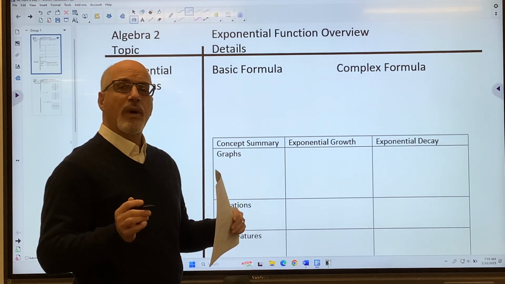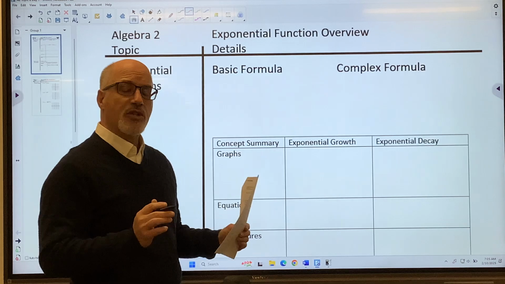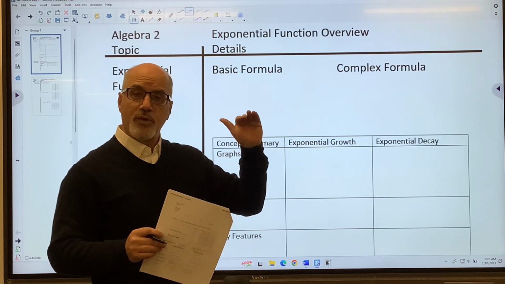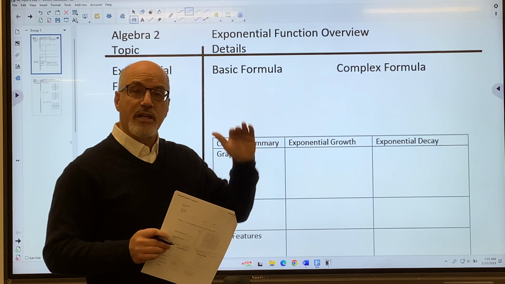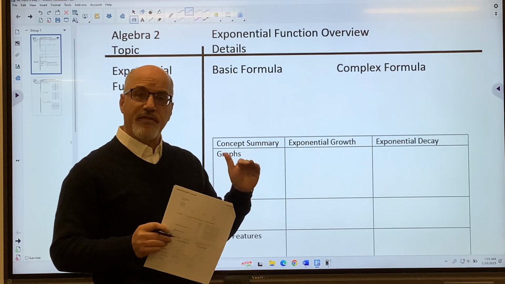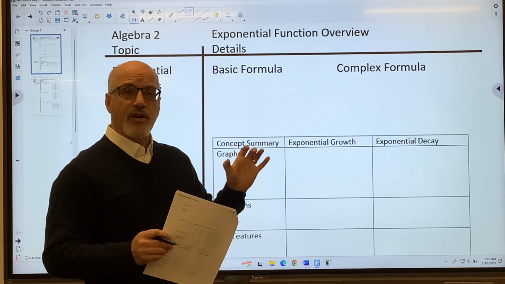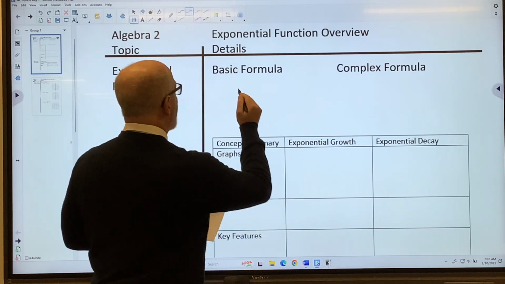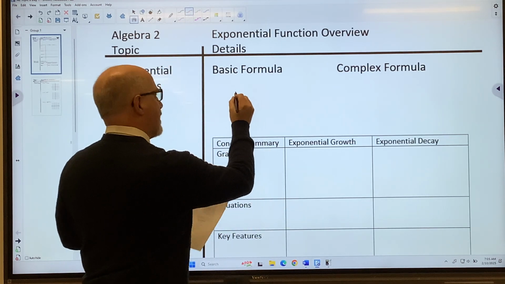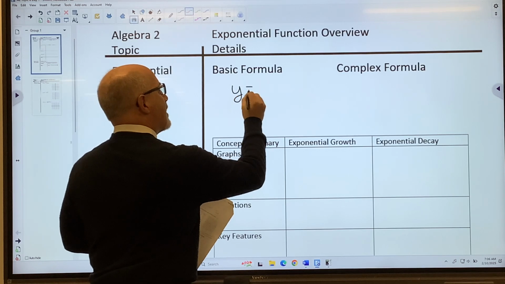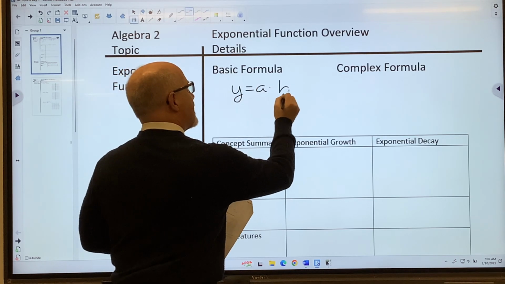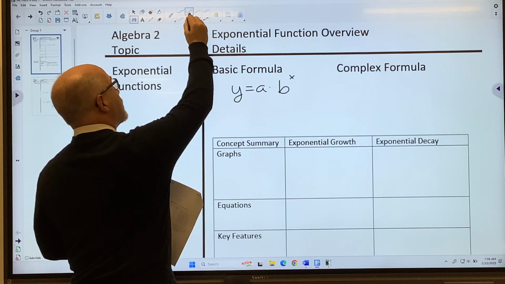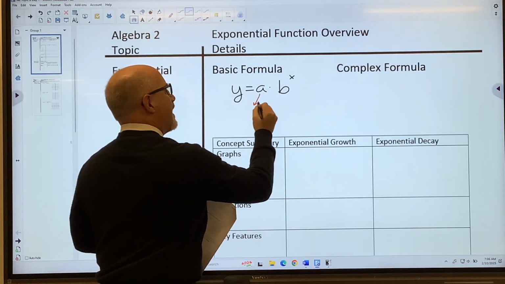What you have to recognize for an exponential equation is that the variable is going to move up to the exponent. So we've got a new family of functions where the variable is in the exponent. The general form for a basic formula looks like this: y equals a times b to the x power, where a is equal to the initial value.